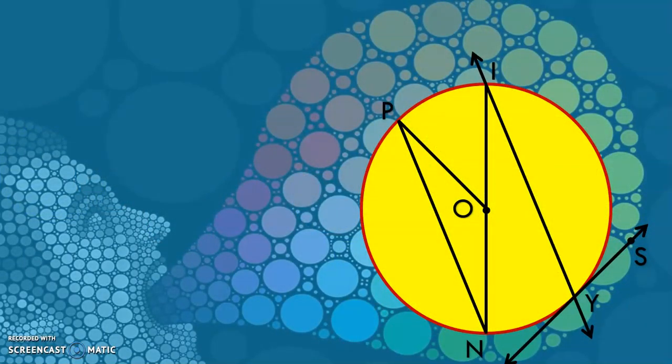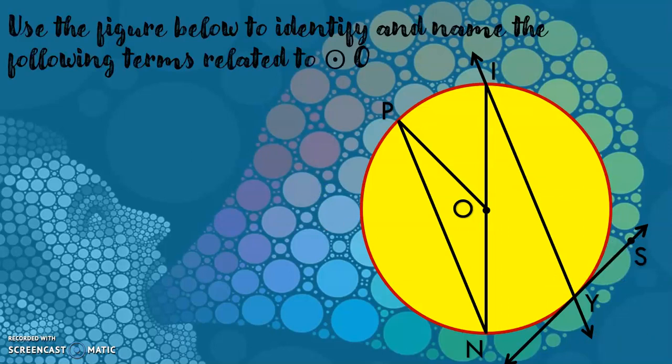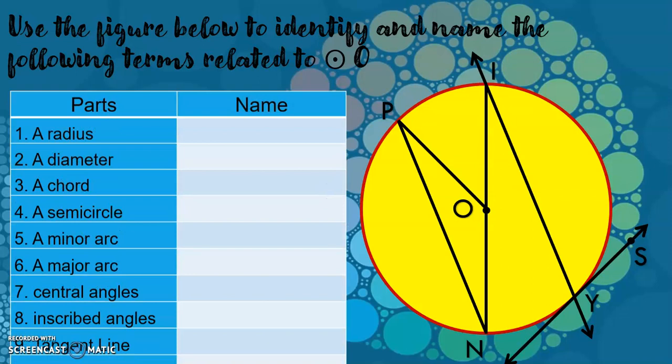Okay, given the figure, let us identify the following terms related to circle O. Okay, a radius. So let us identify and name the radius of the given circle.